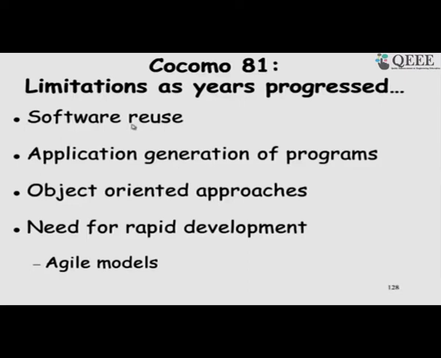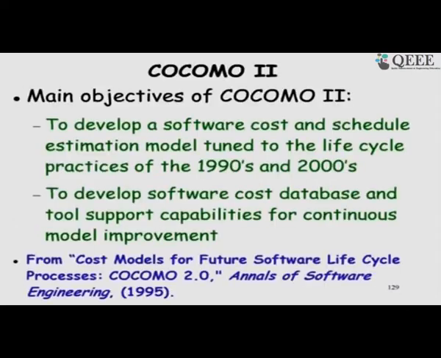The changes observed were that software reuse was increasing, application generation of programs, libraries, object oriented approaches and agile models got used, and rapid development, and therefore COCOMO 2 was proposed. The COCOMO 2 paper was written by Boehm, published in Annals of Software Engineering in 95, titled Cost models for future software lifecycle processes.